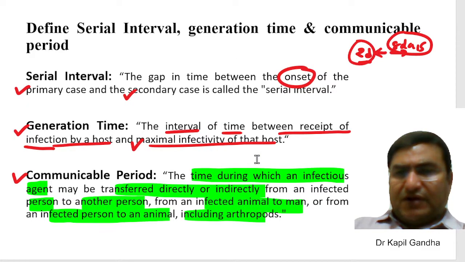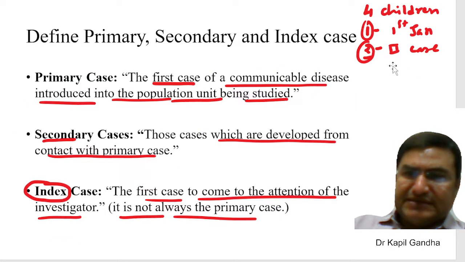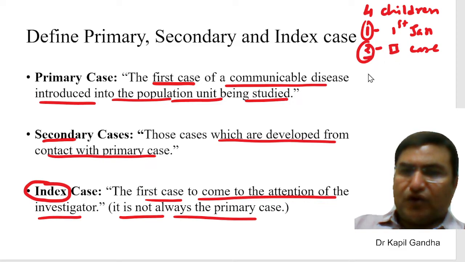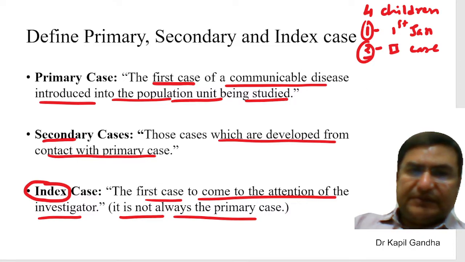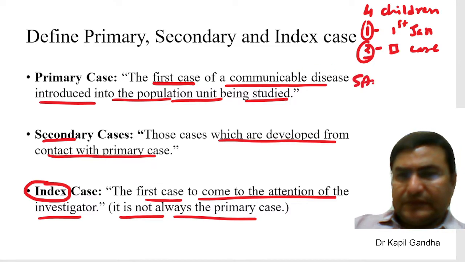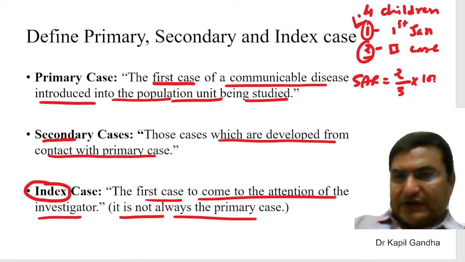To carry forward our previous example of measles, there were initially four susceptible children. The first primary case happened, then within the incubation period, two more cases were seen. So here the secondary attack rate would be 2 as the two secondary cases, divided by 3, as we should exclude the primary case from the at-risk population, into 100, which is 66%.